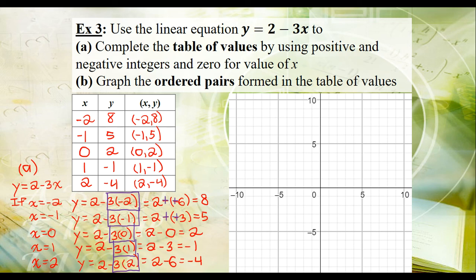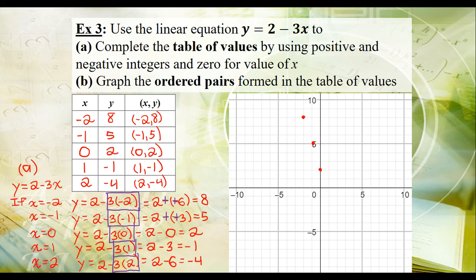Part B, we're just going to plot these on the graph and see if we get a linear relation. So the first point would be go to the left by 2 and then up by 8. So 2 to the left, up by 8 would be located here. Okay, second point is go to the left by 1 and then up by 5. Okay, next point would be starting at the origin, just go up by 2.